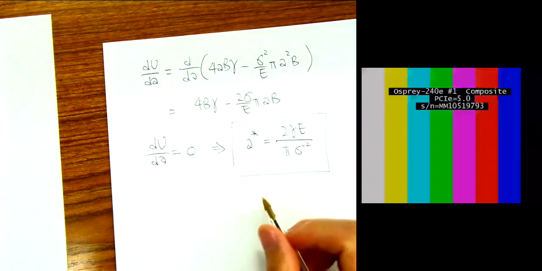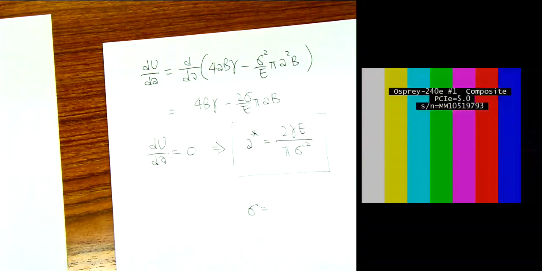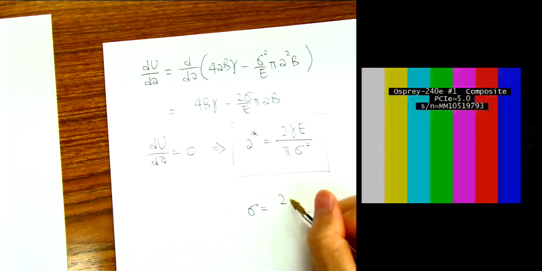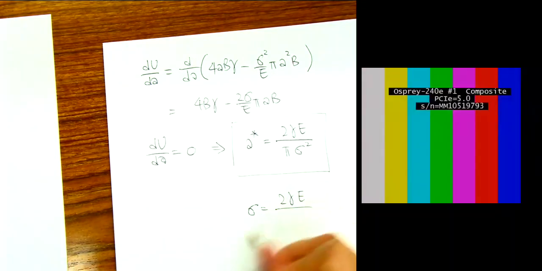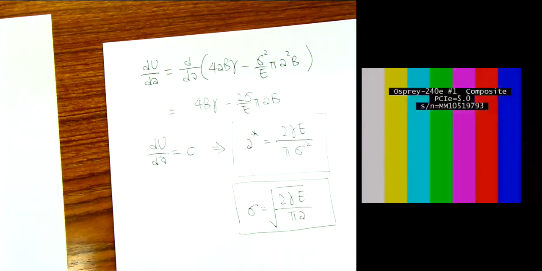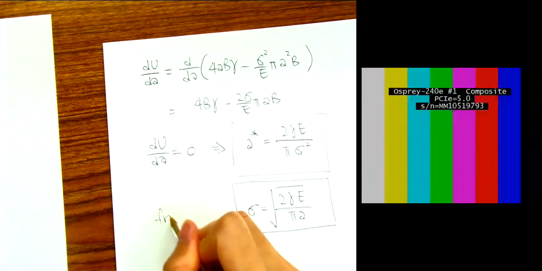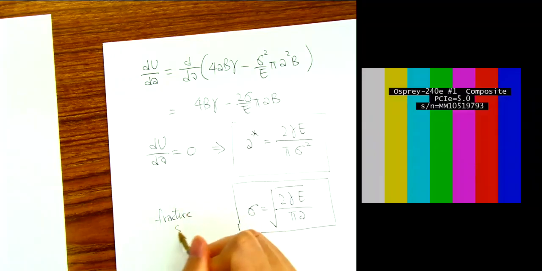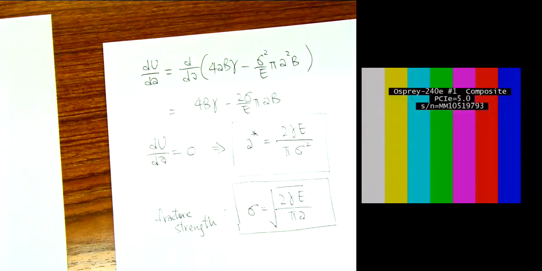So if you turn this equation around, the other way of looking at this is actually looking at the strength, the fracture strength of the piece of solid. And that is the fracture strength predicted by Griffith analysis.